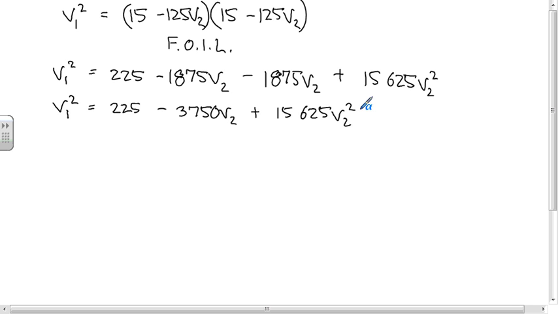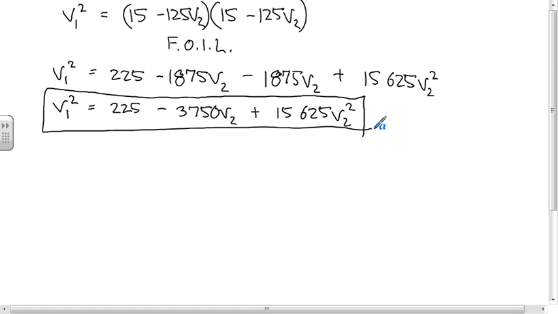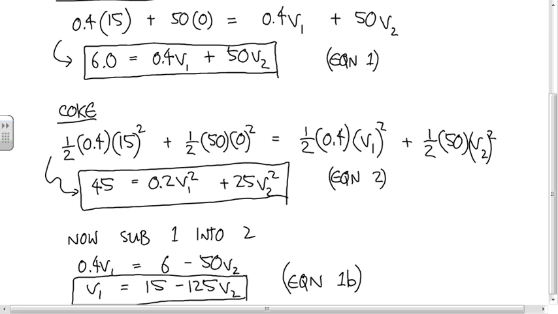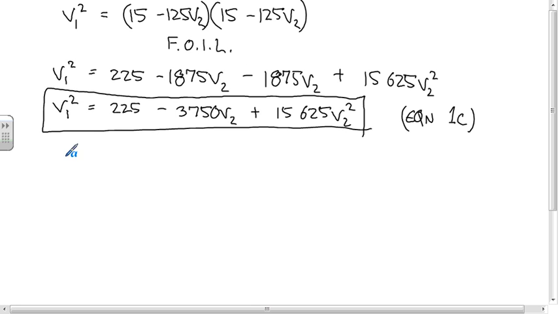Again, this is just another way of writing equation 1, so I'm going to call this equation 1c. But now this is what we're going to substitute into equation 2. All of this stuff on the right side, in equation 2, we can replace the v1 squared with that.